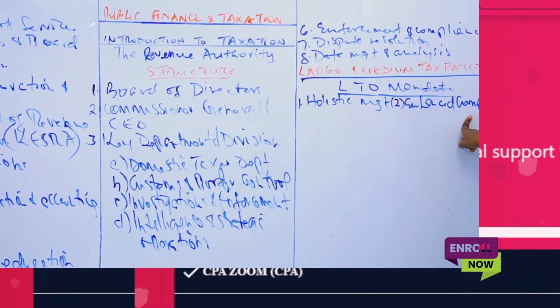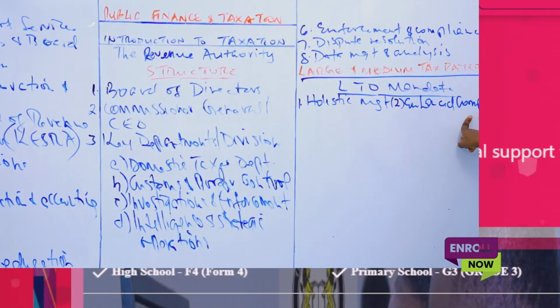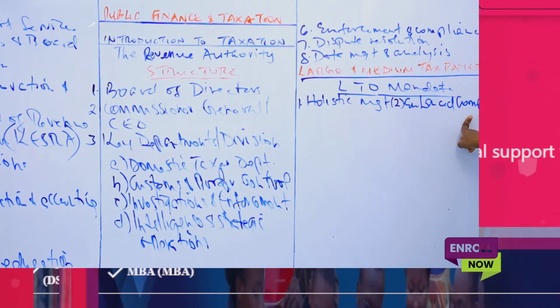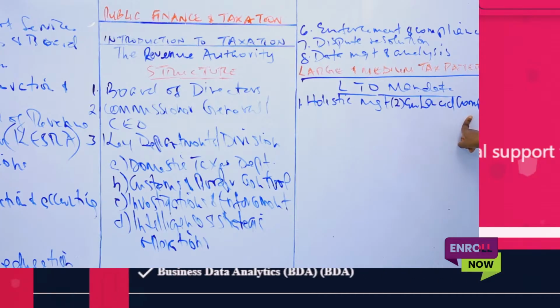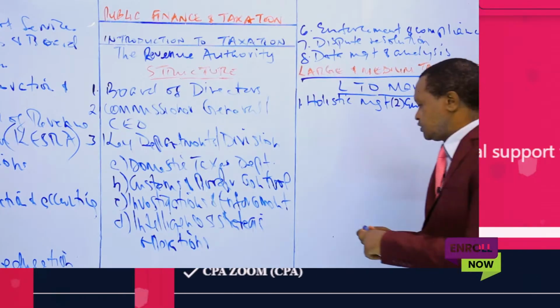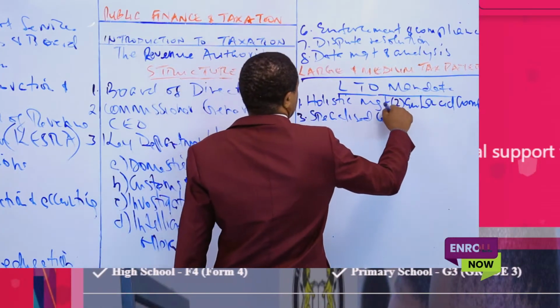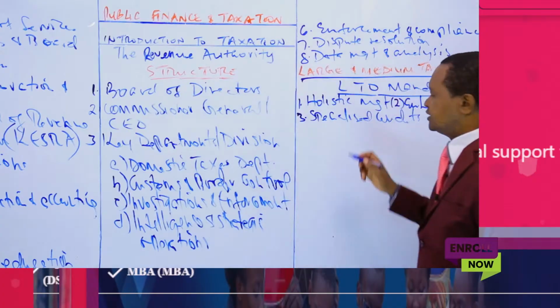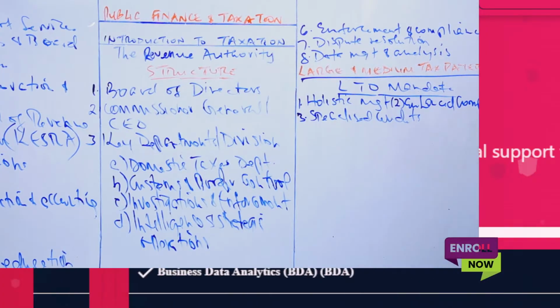The office establishes close relationship and deep understanding of the complex business operations of large taxpayers, and that is to help in enhancing compliance. 3, specialized audits is another mandate of the LTO, the Large Taxpayers Office.